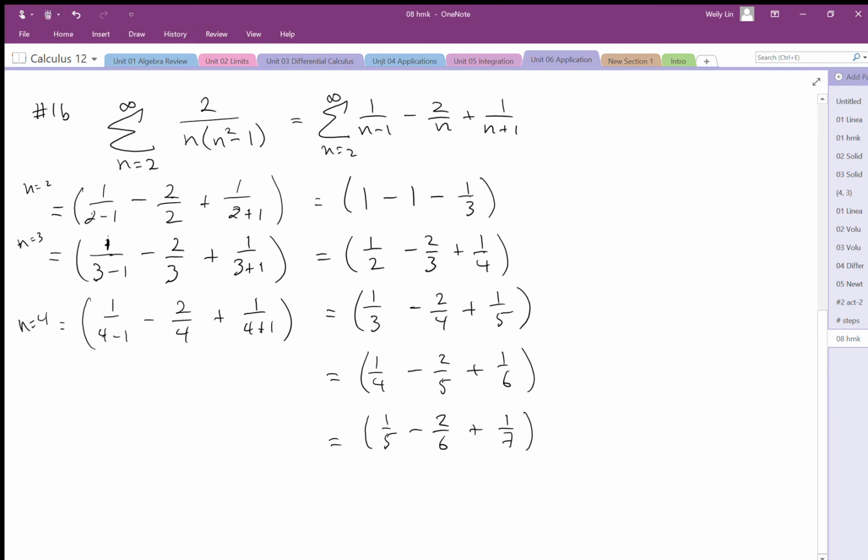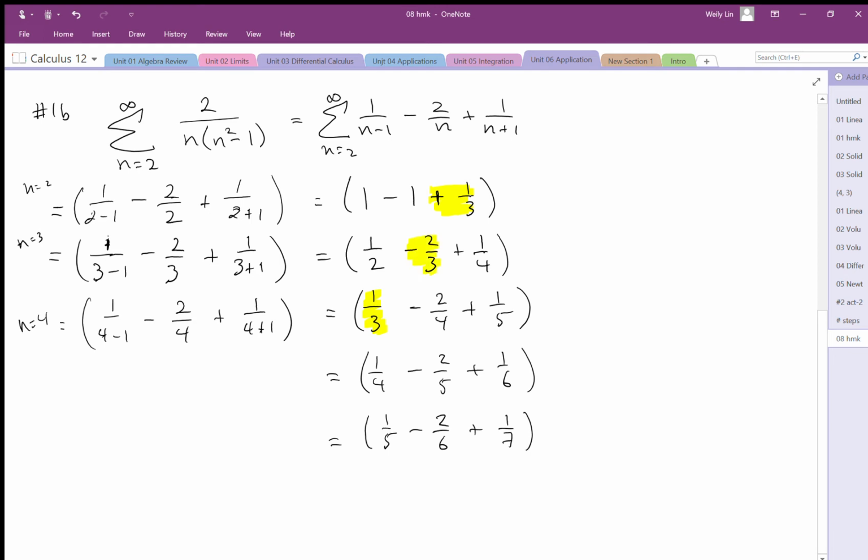This pattern is actually not very easy to find, but notice that we have a minus 1/3 here. Sorry, that was a plus 1/3, wasn't it? That's going to be a plus 1/3 here. So plus 1/3, a plus 1/3, and a minus 2/3 here.